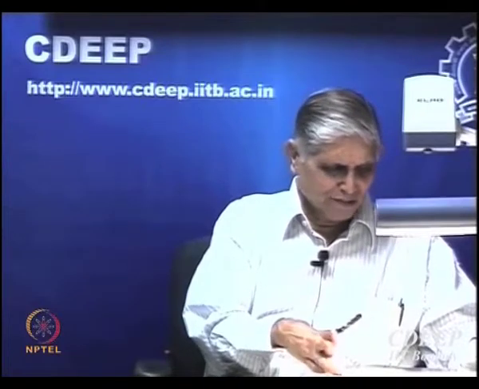So how do I make a choice that the first stage should have a higher gain compared to the second, or a much lower gain compared to the second stage? This is something which you must find. I do not think every book would have given it, but I think Sedra Smith has discussed it somewhere. Find it out. If not, I will tell you why we choose one over the other.